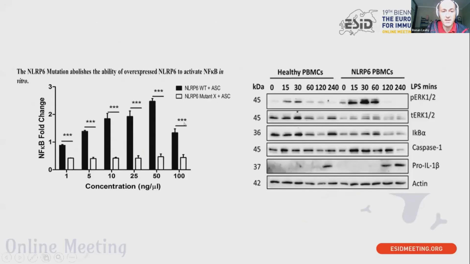And you can see here in the panel on the left that those cells that have the mutant protein are unable to regulate expression of NF-kappa B. Then we also compared peripheral blood mononuclear cells from the patient against healthy controls, and you can see evidence of upregulation of the NF-kappa B pathway with early degradation of the I-kappa B beta protein and increased and earlier expression of caspase-1, pro-IL-1 beta. And also you can see increased and earlier expression of phospho-ERK, suggesting increased activation of the MAP kinase pathway as well.